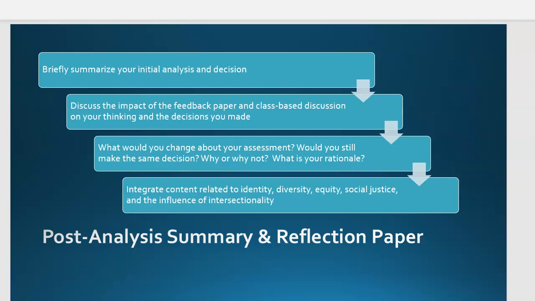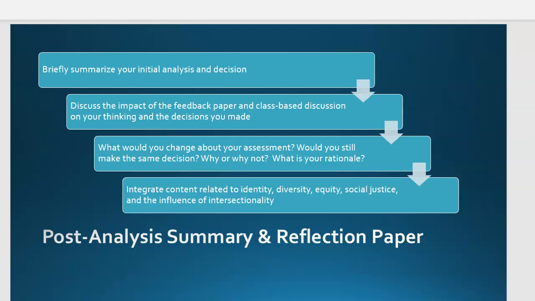And so you're going to think about the impact of other perspectives, other comments, other students' thinking, and the impact on your own thinking and the decisions that you made about the problem identification, strategy options, research, policy, context, and so forth. So what would you change about your assessment? Would you still make the same decision? Why or why not? And then what is your rationale?